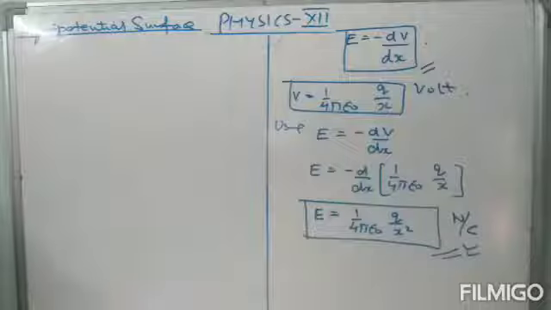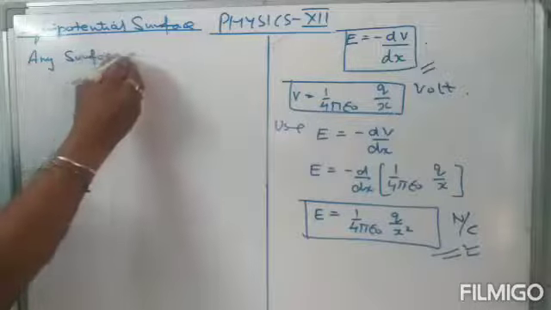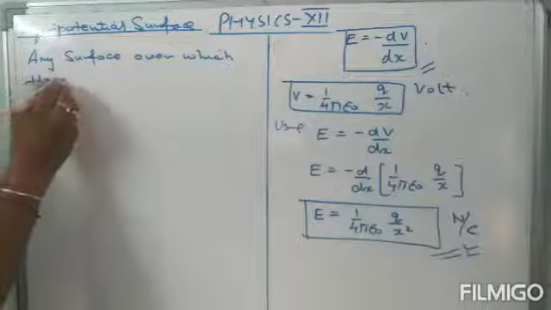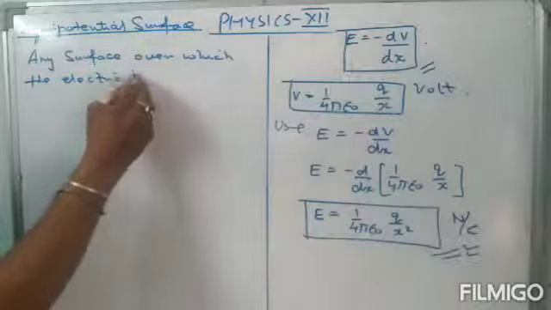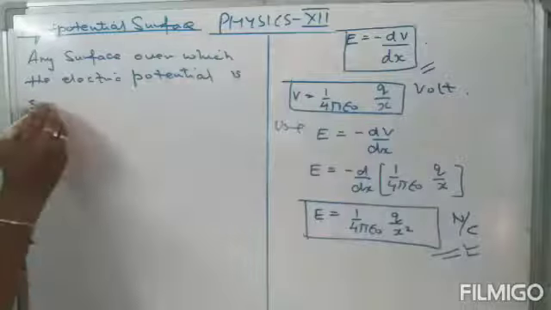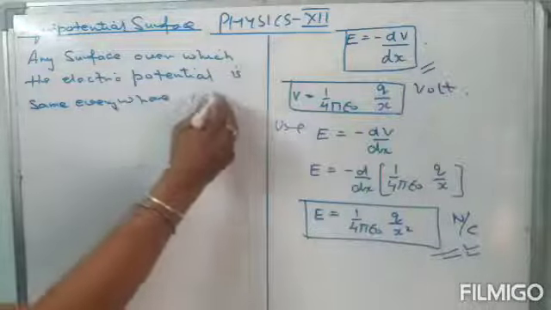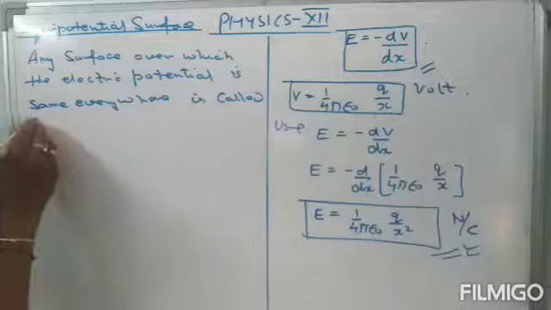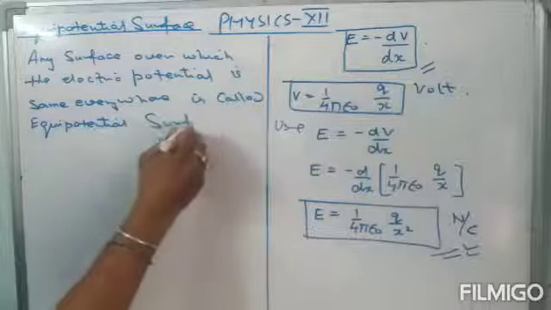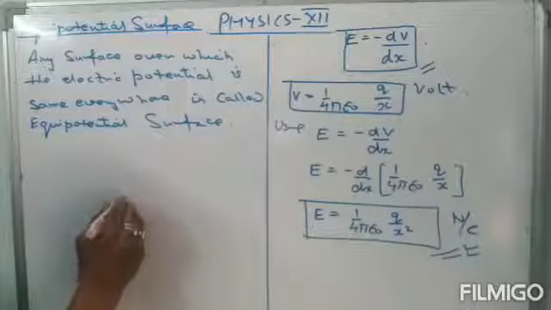We say any surface over which the electric potential is the same everywhere is called an equipotential surface. What I'll do, I'll take a point charge here.